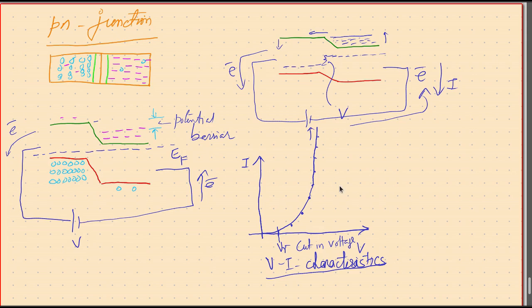After cut-in voltage, current starts flowing, and normally the cut-in voltage for silicon is some 0.5 volts, and for germanium it is some 0.2 volts, and so on. Okay, that's some basic idea about a PN junction.